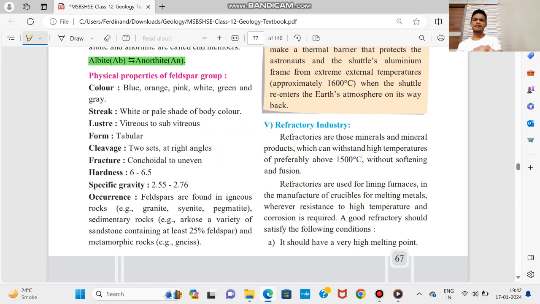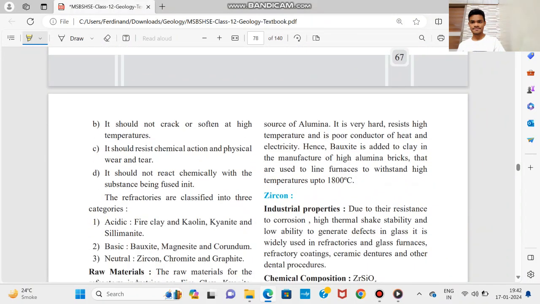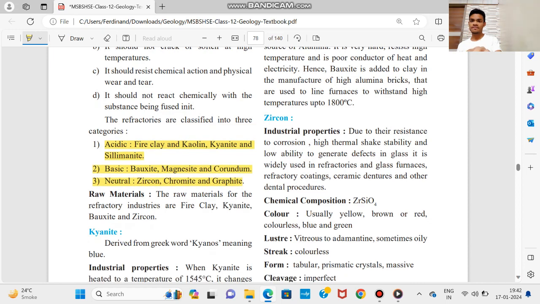You come down to the next industry, that is the refractive industry. This is another question which had come. From refractive industry, you have three categories: acidic, basic and neutral.